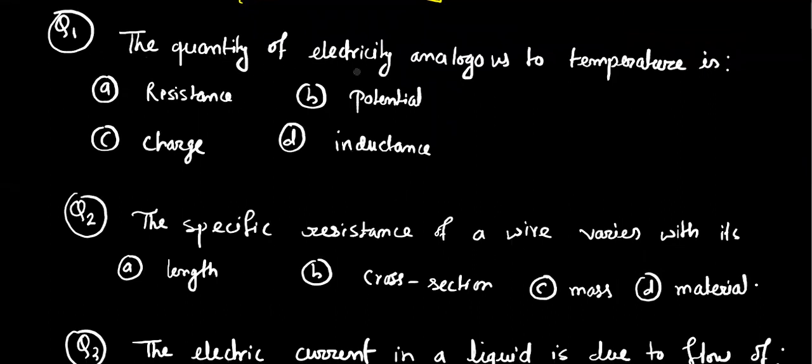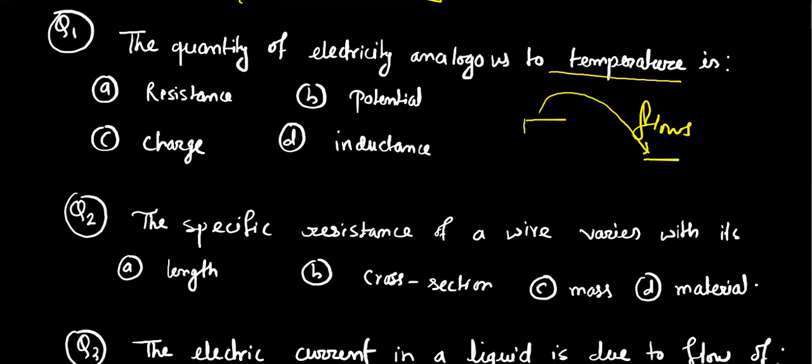The quantity of electricity analogous to temperature is: resistance, potential, charge, or inductance. So the quantity which is analogous with the temperature. As we know, high temperature and low temperature indicate in which direction heat flows.